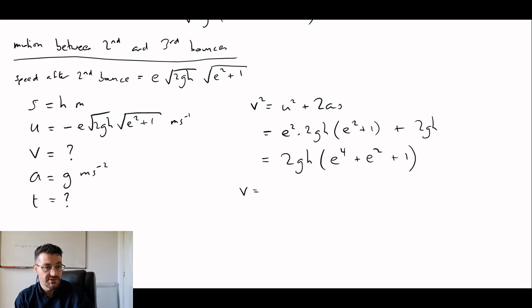So v is equal to the square root of 2gh times (e to the 4th plus e squared plus 1) to the half. Okay, so that's the speed immediately after the second bounce.